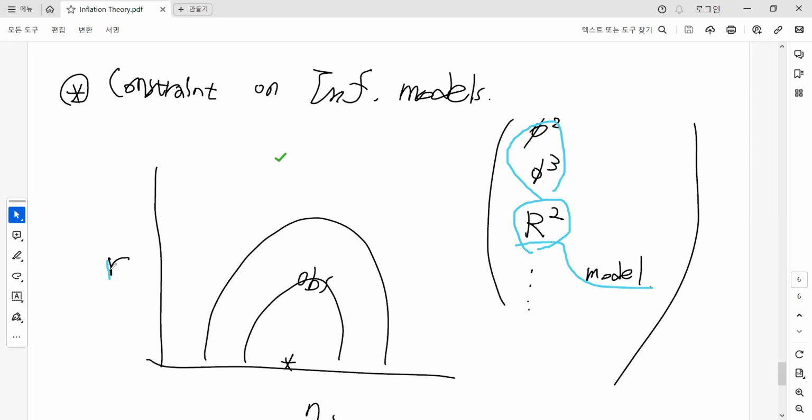There are two variables, r and n_s. Here r is the ratio of the tensor perturbation to the curvature perturbation, and n_s is the parameter, the spectral index, from the slow roll inflation model that makes the rapid expansion condition. We observe values near here, and we can constrain each model using the observed values.